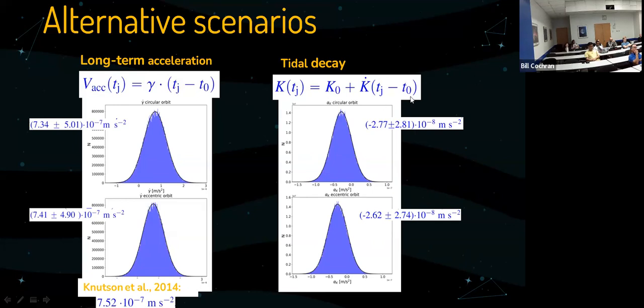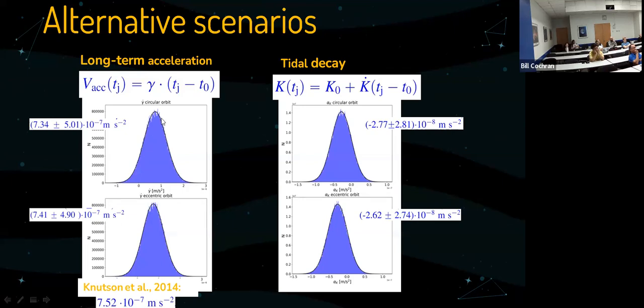In tidal decay, since K is the amplitude of the radial velocity, I modeled it as varying in time, because K is related to the semi-major axis, and the semi-major axis is the one that shrinks when there is tidal interaction.